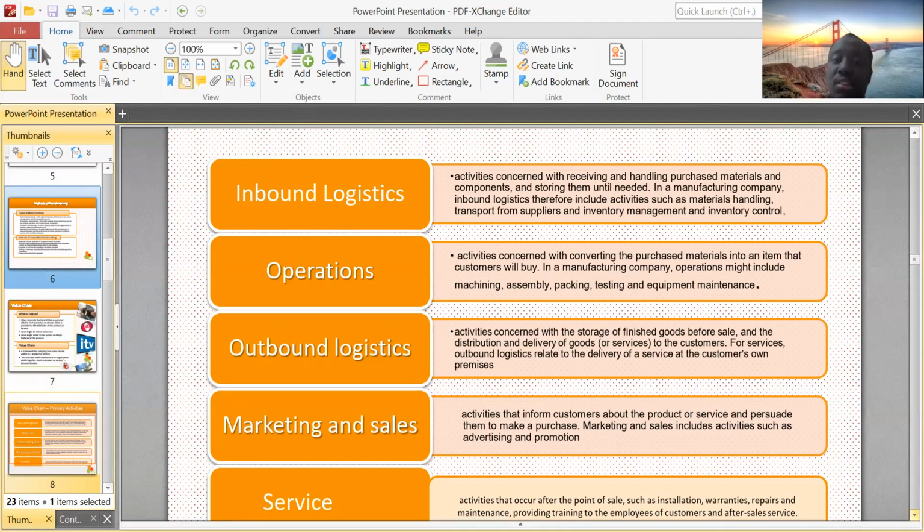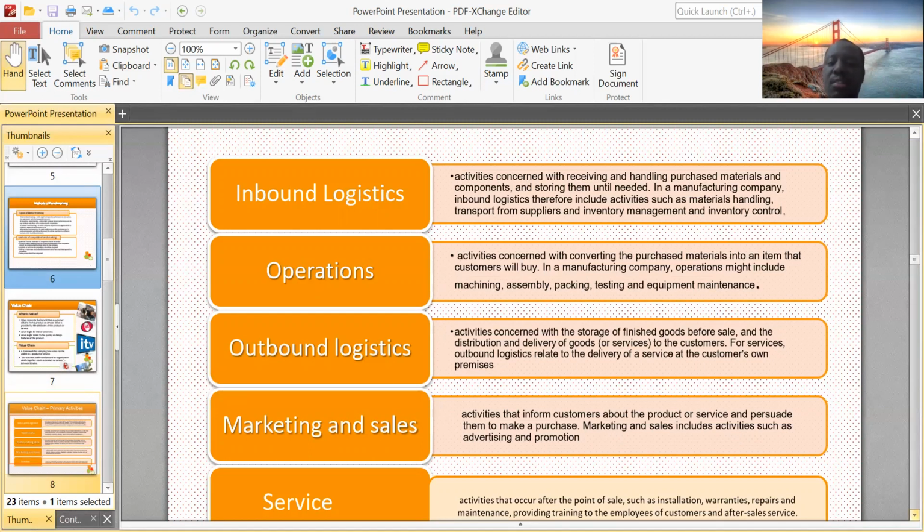Then you go to operations. In operations, you are converting the raw material into a product, into an item that customers will buy. You see the picture? In inbound logistics, you have raw materials. In operations, you are converting the raw materials into a finished product.